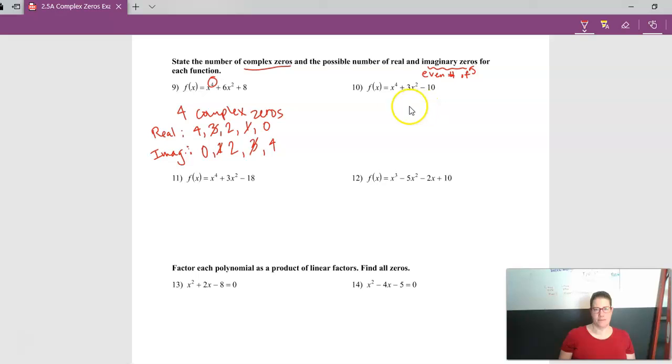So let's try number 10. Actually, that one's the same. Let's go to number 3. So there are 3 complex zeros because my highest exponent is a 3. We have real and we have imaginary that should add together, keeping imaginary even.